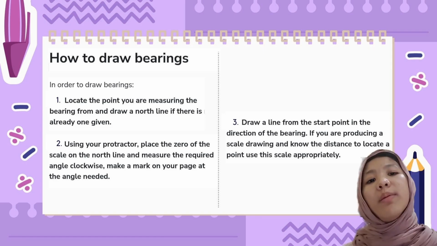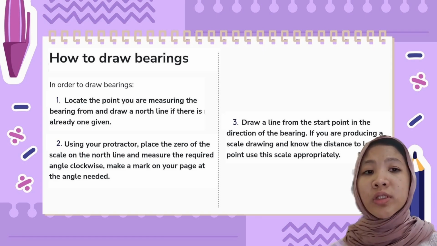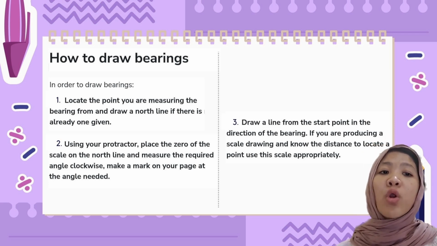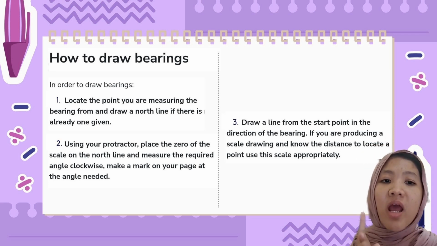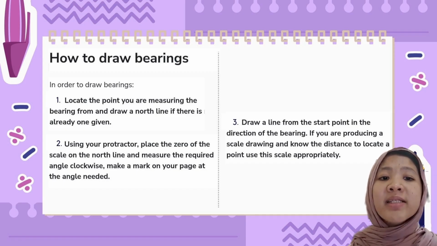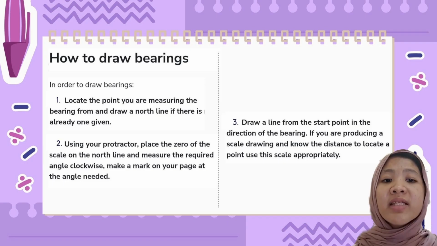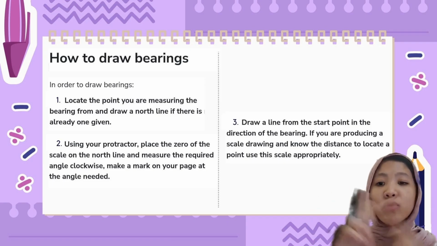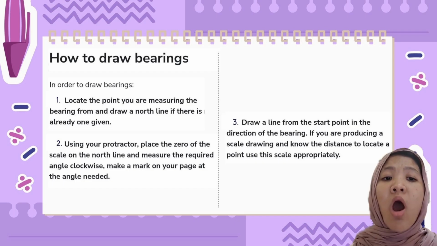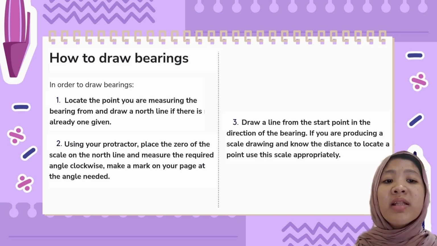Now, we move to how to draw bearings. To draw a bearing correctly, follow these steps. Step 1. Locate the point you are measuring the bearing from and draw a north line if there is not one already given. Step 2. Using your protractor, place the zero of the scale on the north line and measure the required angle clockwise.